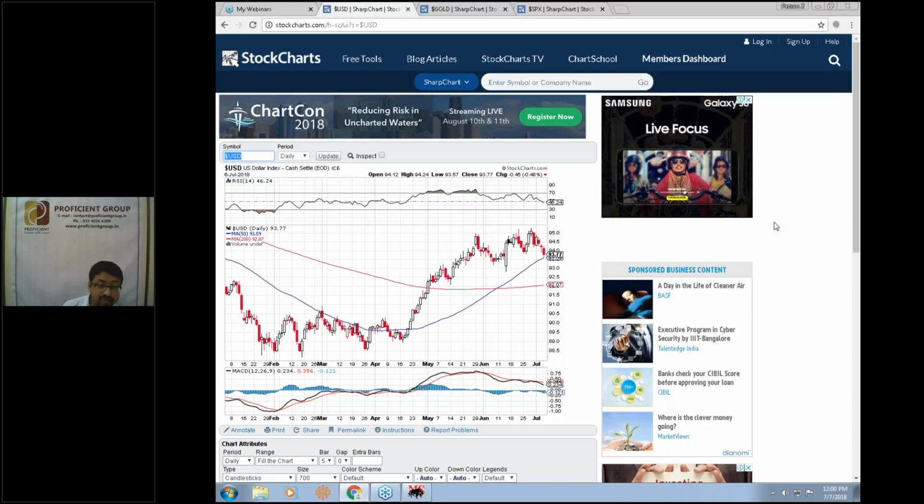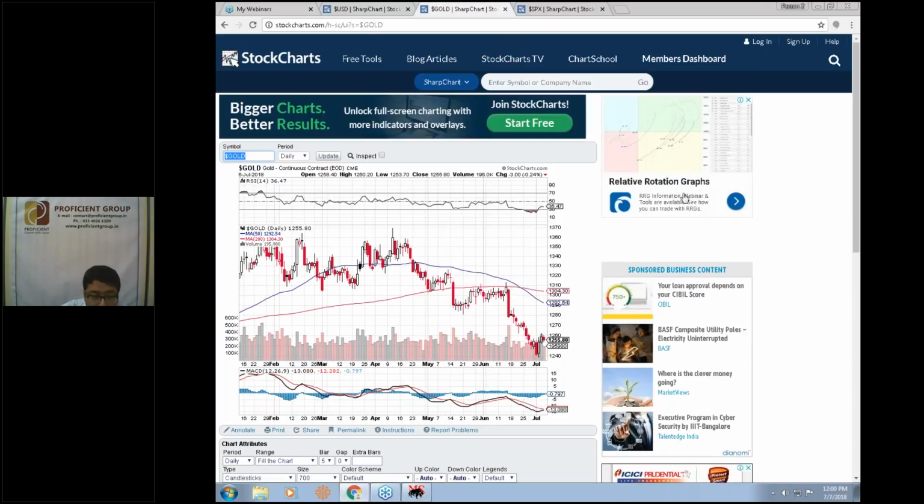If the dollar index violates its Friday high at 94.24, and gold violates its low of 1253, roughly $1250 per ounce, that will be another signal that the overall downward trend is likely to resume, and the previous bottom of 1240 will be the immediate target for gold in that case. And if that is broken, then gold will head even lower.